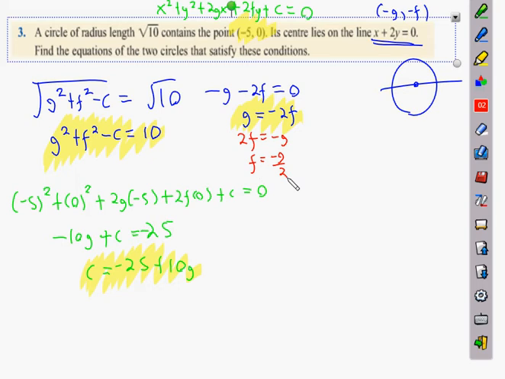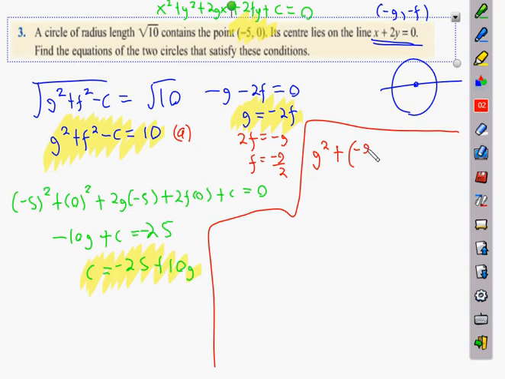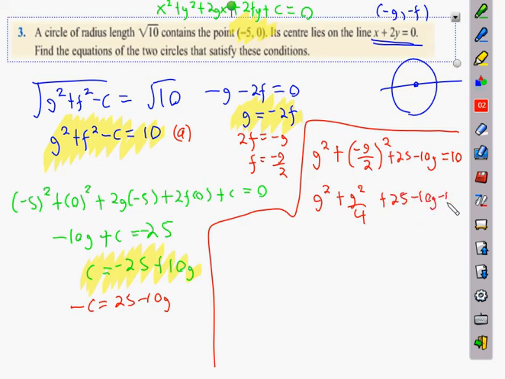Now I'm going to take the big equation, the first one. In it we're going to get g squared, and f squared is going to be (-g over 2) squared, and minus c, if that's plus c, is minus 25 minus 10g. So g squared plus g squared over 4 plus 25 minus 10g minus 10 equals 0.